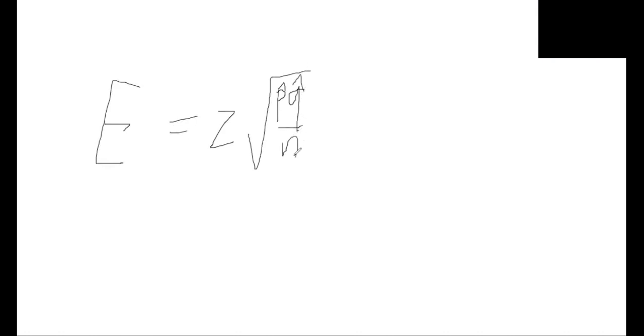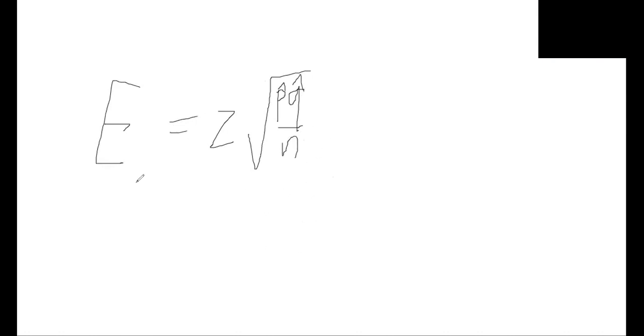So we'll start by saying that our error is supposed to be z times the square root of p hat q hat over n, the z not in the root. So we're going to try and isolate n.